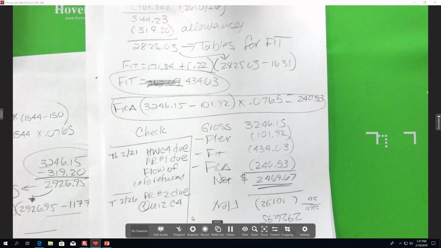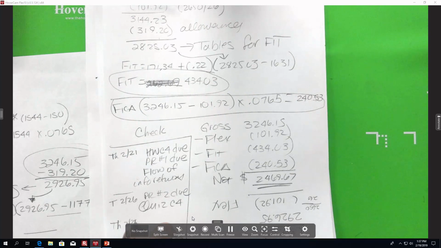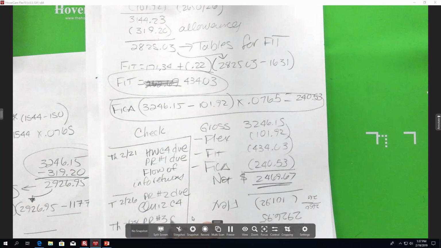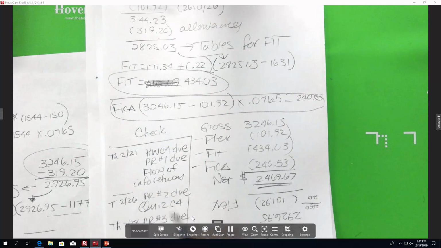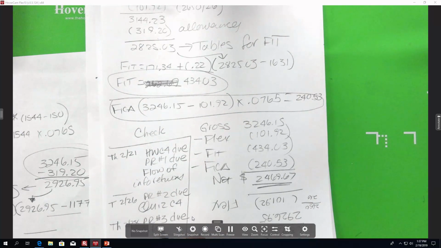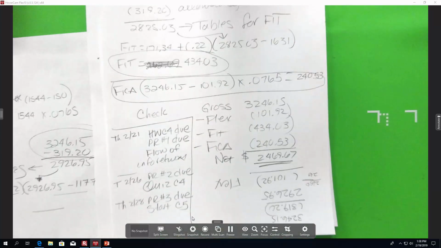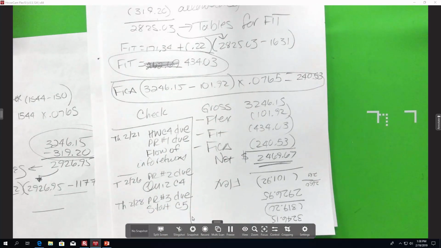And then on 228, Thursday, that last payroll problem will be due. And we'll start chapter 5. So that's our plans for the rest of this week and next week.